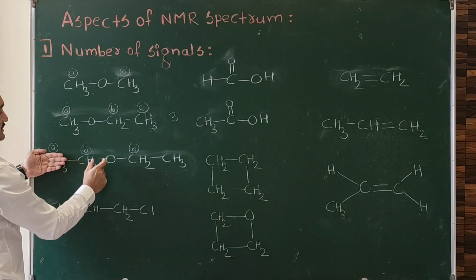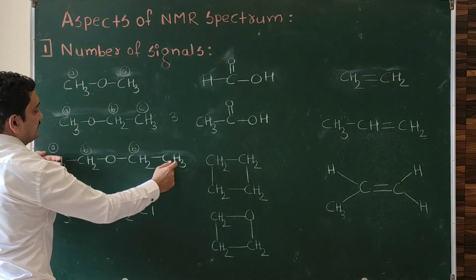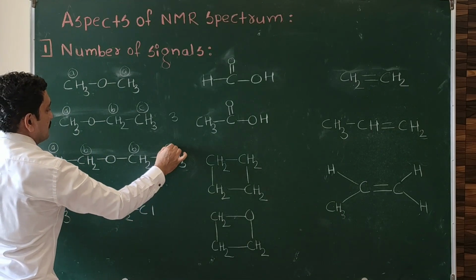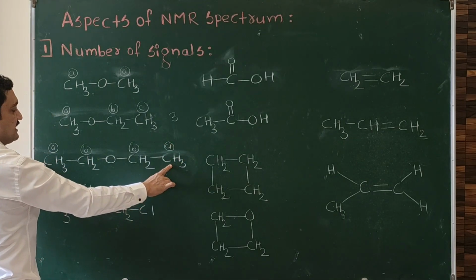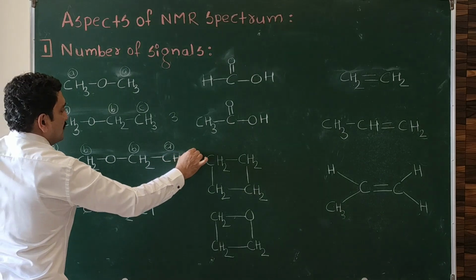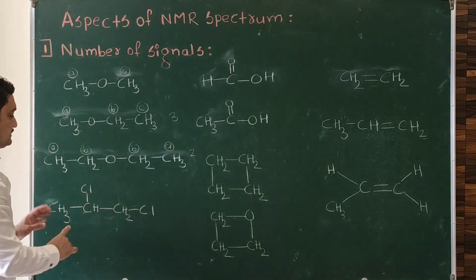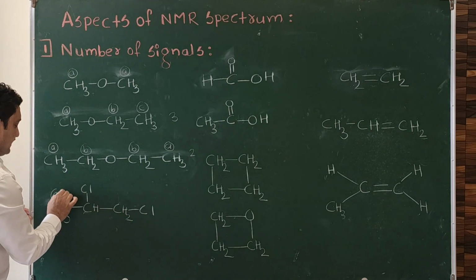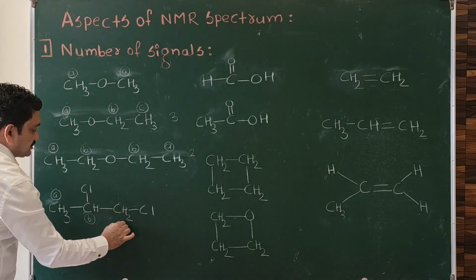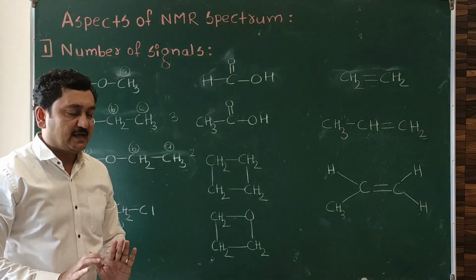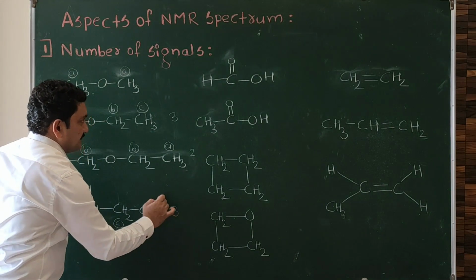The environment for this one is CH2O, CH2CH3, and for this one also CH2O, CH2CH3. So they are equivalent as they have the same environment. So, A for CH3 and B for CH2, the number of signals will be 2. Now signals for 1,2-dichloropropane: CH3, CH and CH2 always give different signals. There is no need to check them. So the number of signals will be 3.